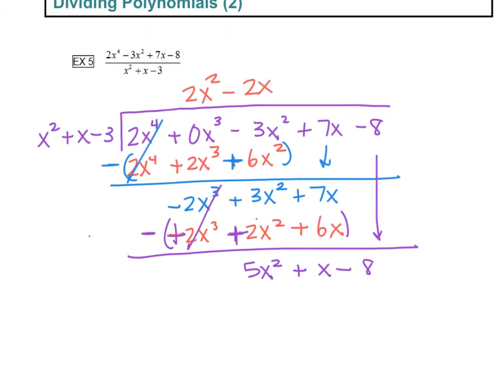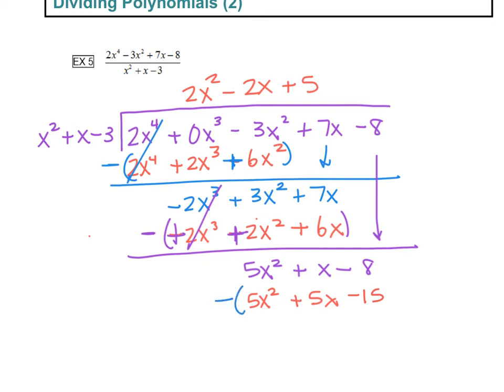All right, getting toward the end here. X squared times what gives us 5x squared? Well, we already have the x squared, so what we need is that 5. So plus 5. Now we're going to multiply 5 times x squared, and we get 5x squared. 5 times x is a positive 5x, and 5 times a negative 3 is a negative 15.